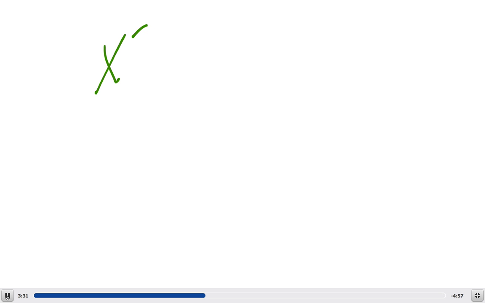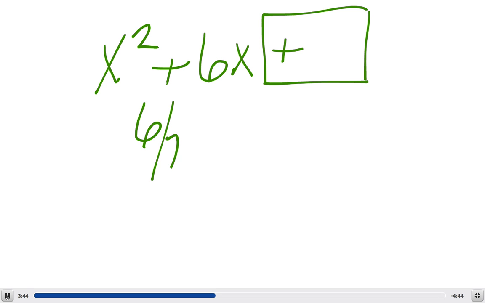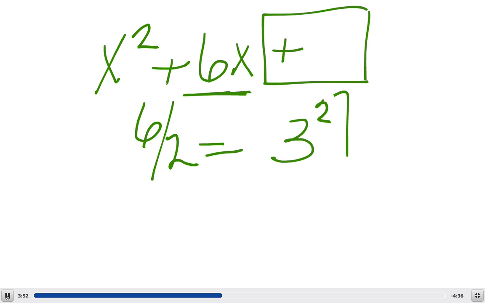So let's take a look at how this works. Let's say we have x squared plus 6x. Well, I need to find out what my c value is going to be. So let's stop and think about it. If I divide 6 by 2, because I had doubled it to get this middle value, that's going to give me 3. And if I square my 3, that gives me 9.